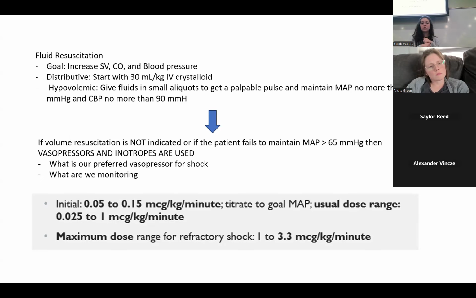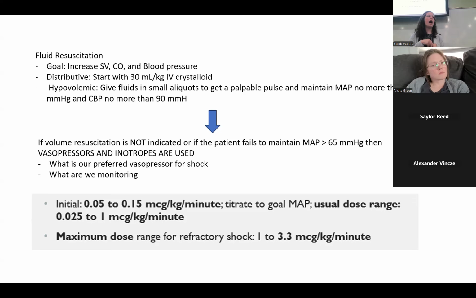And again, this is just another way of looking at it. So fluid resuscitation first. Again, we want to try to get that stroke volume, cardiac output, and blood pressure back to our normal ranges. We mentioned that if it's distributive, we're starting out with 30 milliliters per kilogram of the IV fluid. And then there are more specific requirements if you are hypovolemic. Typically, we give this in smaller amounts in order to get that pulse back where we can feel it.